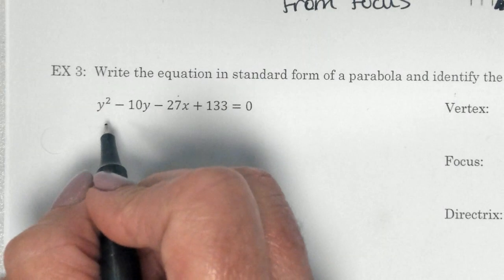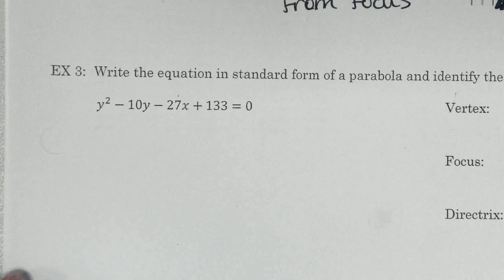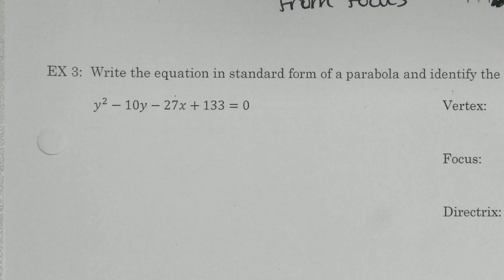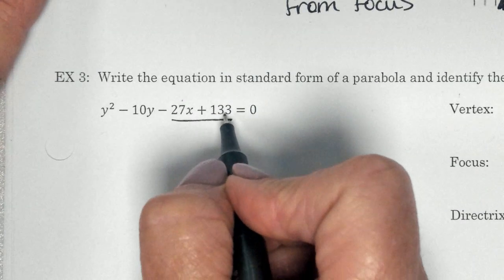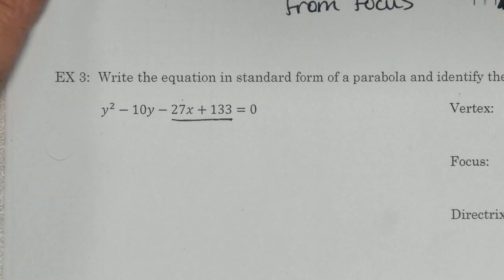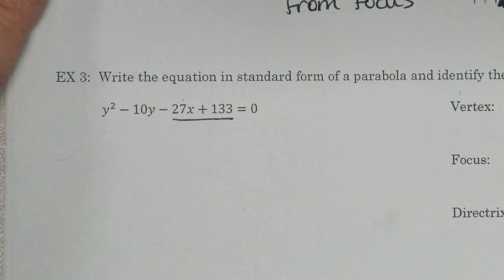So the first thing, what should be the first thing we do in this situation? Yes, in this case, we don't just move the constant, we also have to move the x. We are not completing the square for the x because the x is not squared, okay?